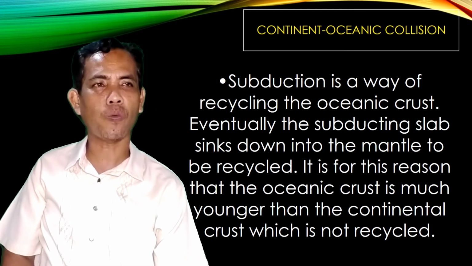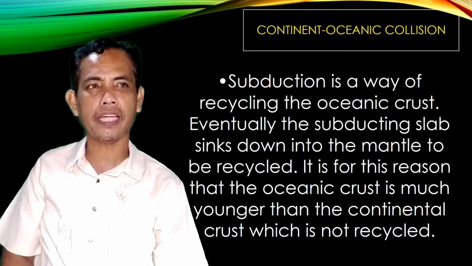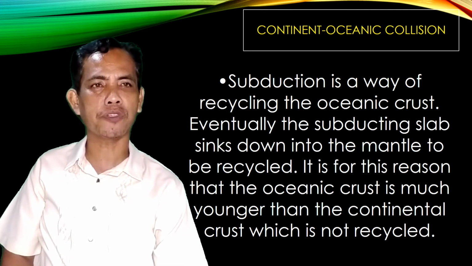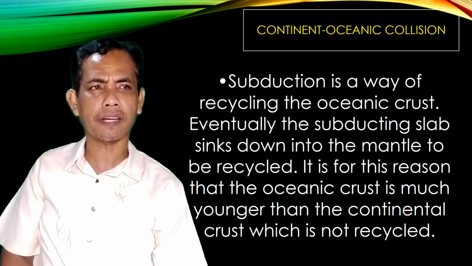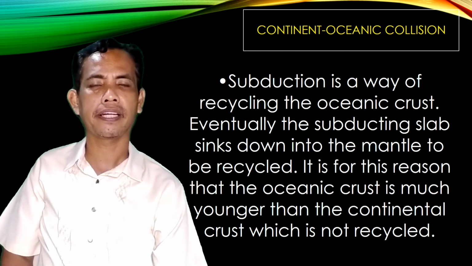Subduction is a way of recycling the oceanic crust. Eventually, the subducting slab sinks down into the mantle to be recycled. It is for this reason that the oceanic crust is much younger than the continental crust, which is not recycled.